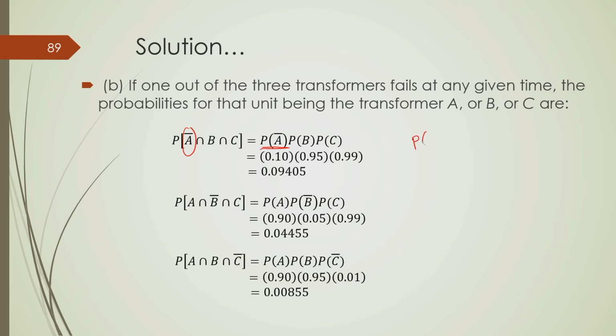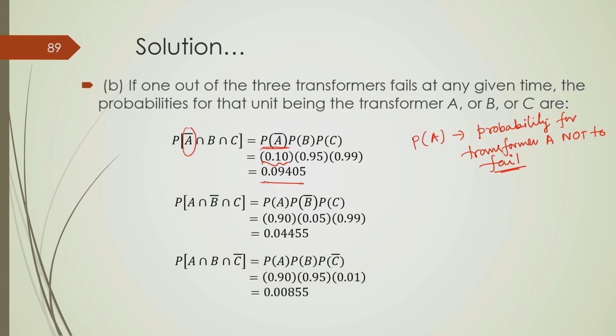The probability of A is basically representing the reliability of the system, that is the probability for transformer A not to fail. Now, the failure probability of the transformer is 1 minus this P_A, which is equal to P_A prime, which is 0.1, and for that particular event the probability is this.